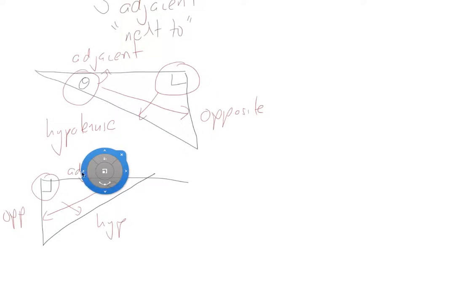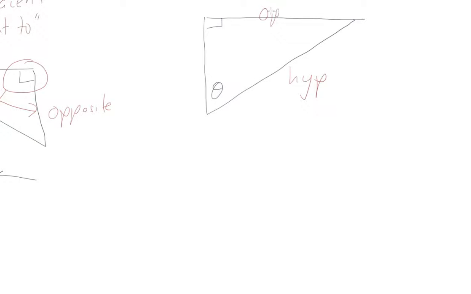From here, we have the trigonometric ratios. If I draw up a triangle, there are 3 ratios we really want to consider. I'll put my theta in here, and label my sides: hypotenuse, opposite, and adjacent.